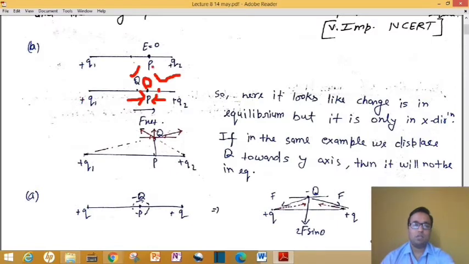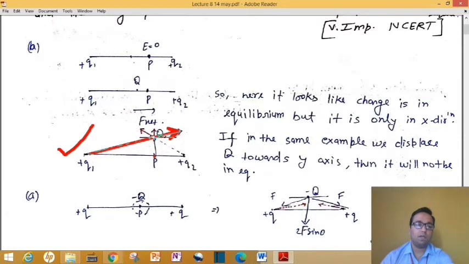However, it is not true for the y-axis. In the second figure, if you lift this charge, then Q1 will apply a force on capital Q towards this arrow, and Q2 will also apply a force on capital Q towards this arrow.